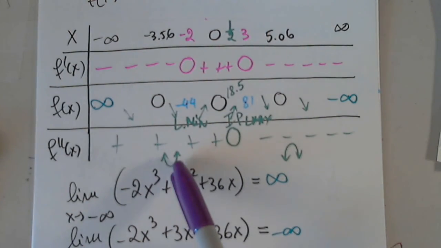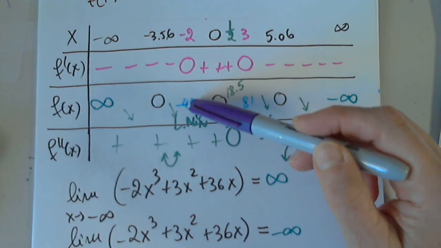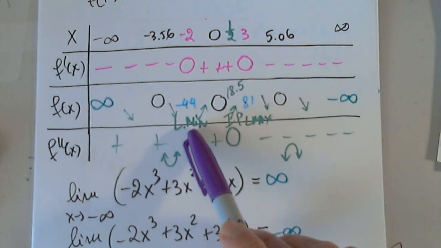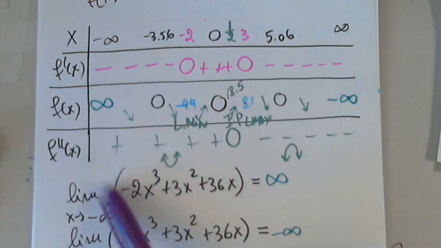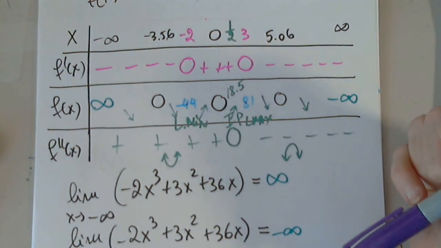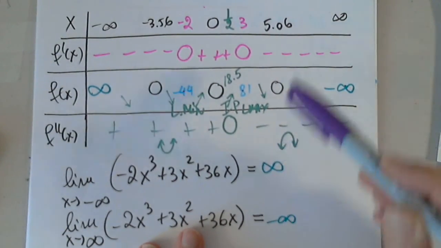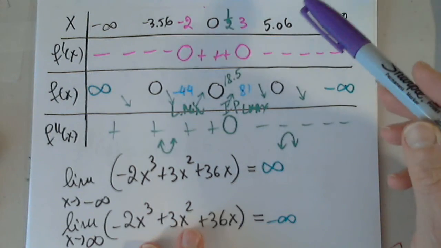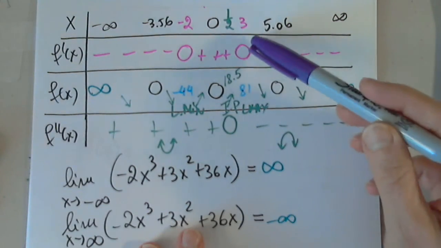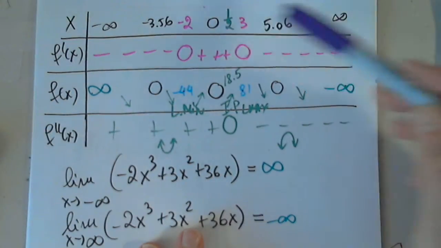So the function opens up. There is a critical number at -2, and this is a local minimum. Yes, it makes sense. The function opens up. There is a critical number in that area, so this must be a local min. Perfect. Now, the function opens downward. There is a critical number there at 3 in that area between 1/2 and infinity.